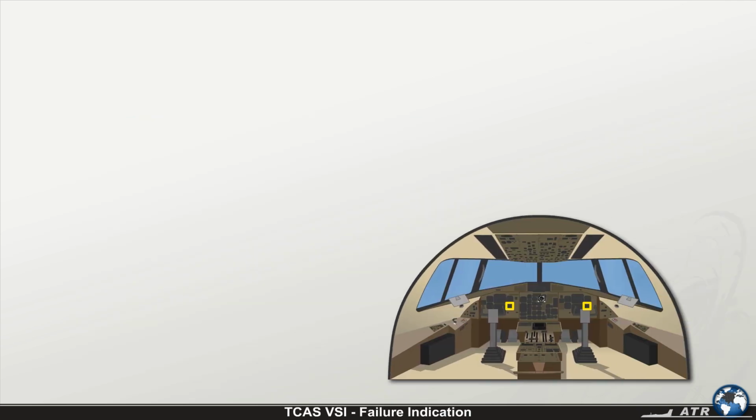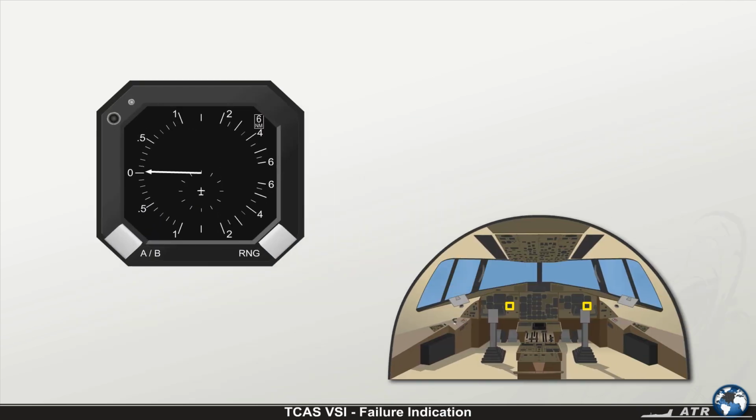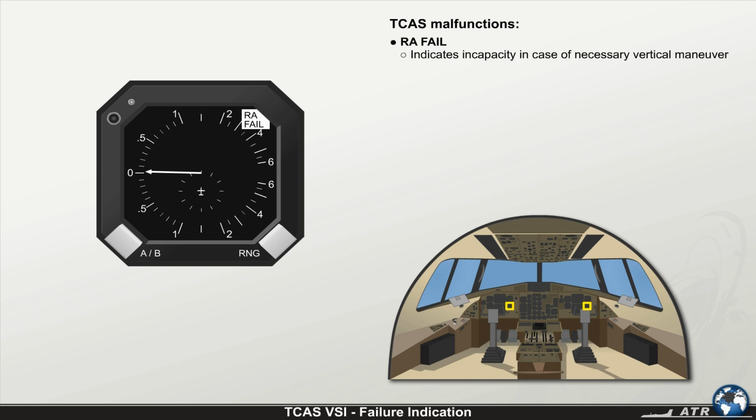Some flags are displayed on TCAS VSI in order to inform the crew about a TCAS malfunction. The Resolution Advisory flag, RA fail, shows an indicator incapacity to display RAs or a recommended vertical speed in case a vertical maneuver becomes necessary. The TD fail flag indicates that an intruder cannot be displayed by the indicator.